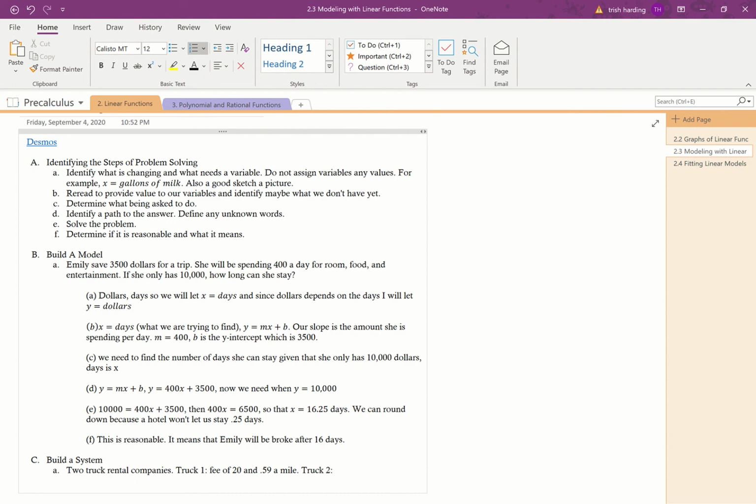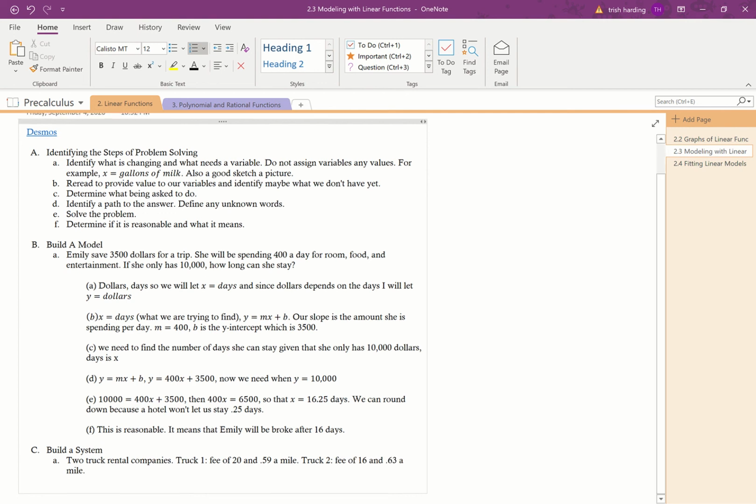Truck 2 is going to cost us a fee of $16, and then it will be 63 cents a mile. Now, when will the first truck company be a better choice? Let me capitalize that one. When will truck 1 be a better choice?